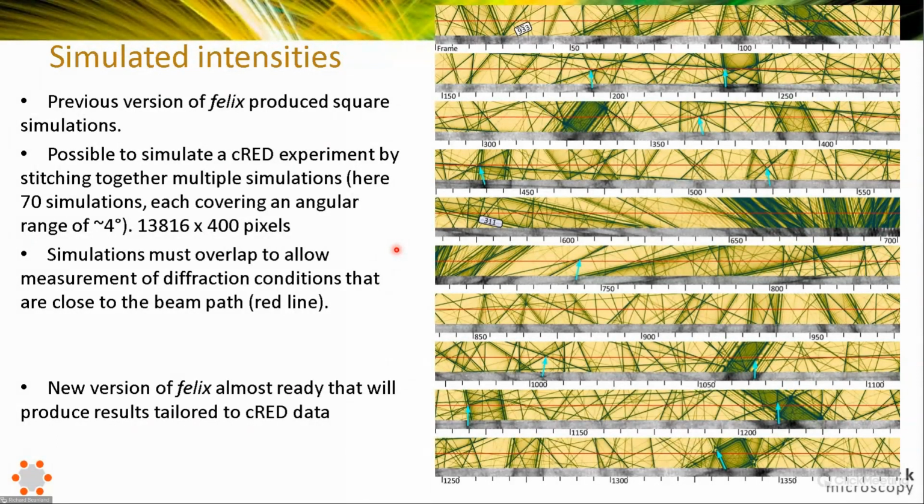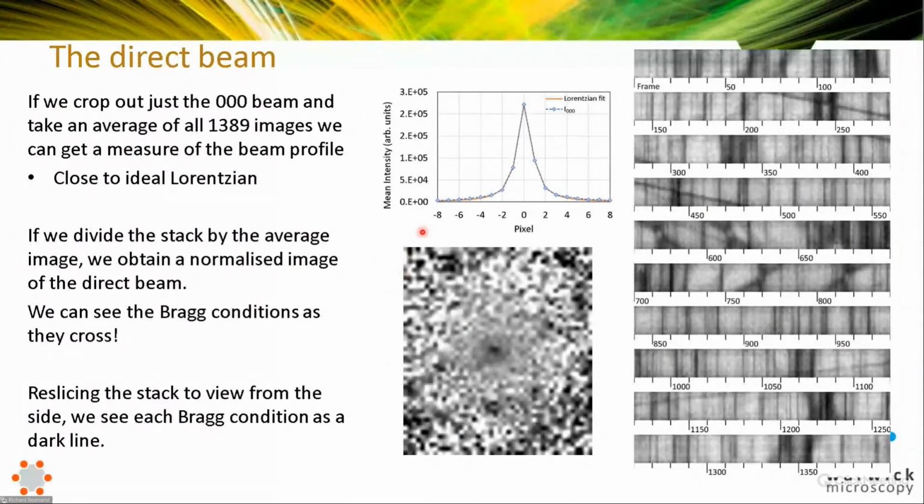Just looking at that direct beam in a little bit more detail, if you take that whole set of almost 1,400 images and you average them all together, and then just look at the center, you can see that the straight through beam has got a Lorentzian profile. And if you take that average image and you go back to your stack and you divide that whole stack by your average image, then basically you normalize it.